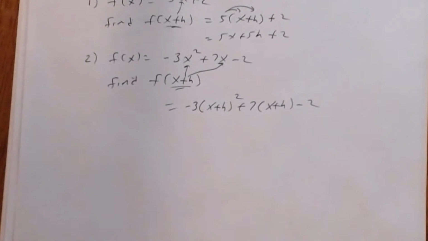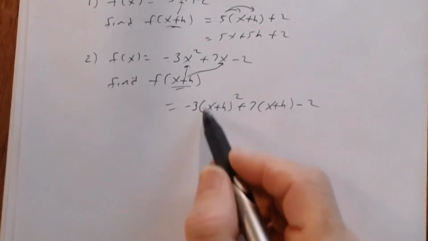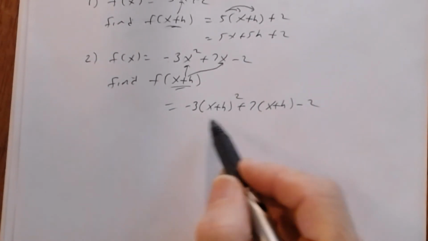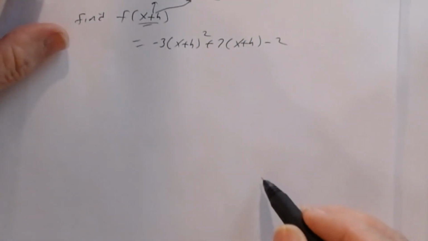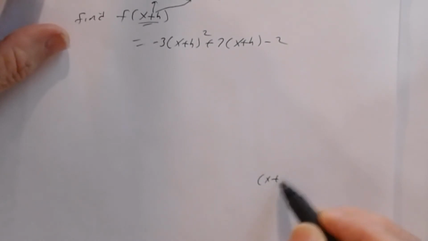All right, now let's look at this. Remember, we have to square this binomial. So let's go off to the side and square x plus h.